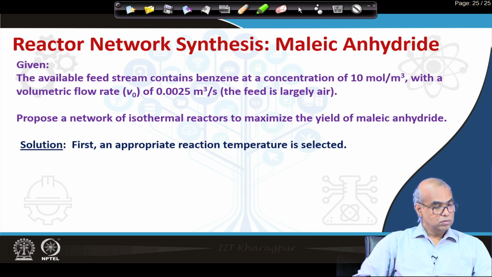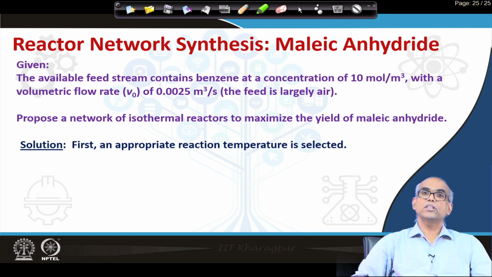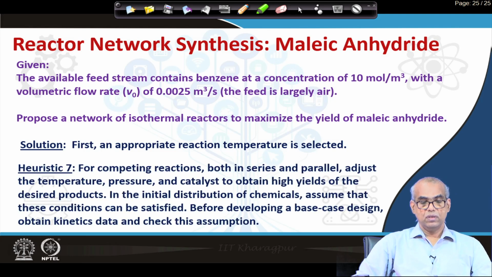So, to solve this, first we need to fix an appropriate reaction temperature. We make use of one heuristic that we talked about in our very early lectures.